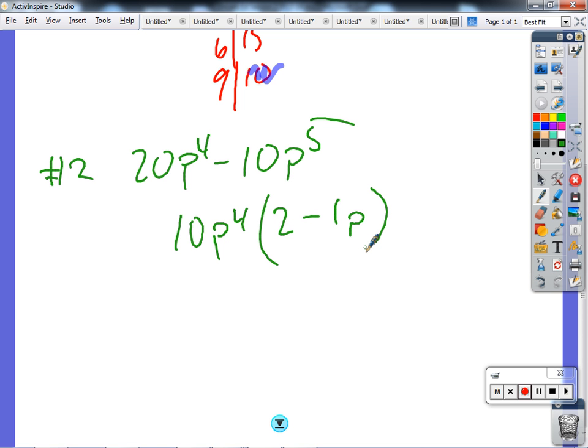They did not pull out how much p was. So I will give them a half because they pulled out half of it. Michael. Okay, so they figured it out, so that's only half the work. We'll give a half. Alright. Okay, so once again, guys, we are pulling out the greatest common factor.